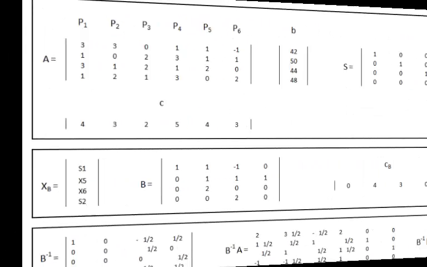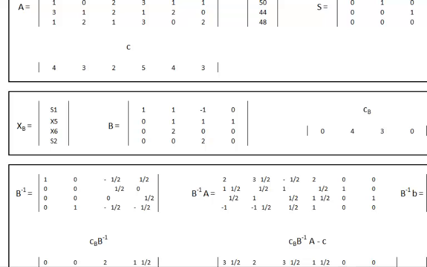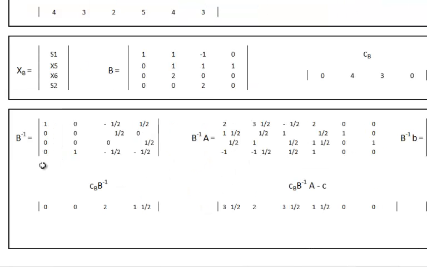As we do that and create the new basis of s1, x5, x6, and s2, perform the calculations for B inverse A, CBB inverse A minus C. We notice that there is no negative number in this set.